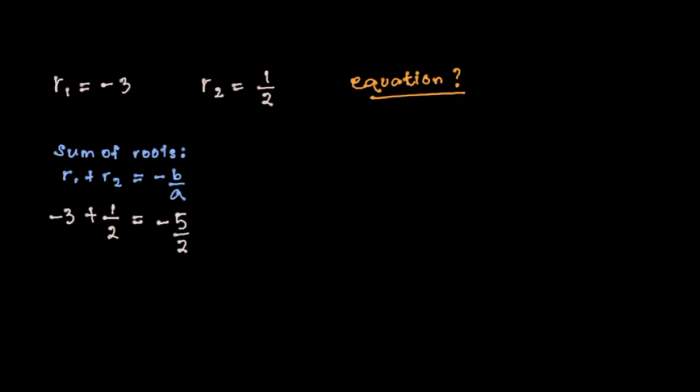Now, identify lang muna natin yung ating negative b over a, no? So, since may negative dyan, imumultiply natin yan sa negative. So, negative times negative will be positive, okay? It will be positive 5 over 2.